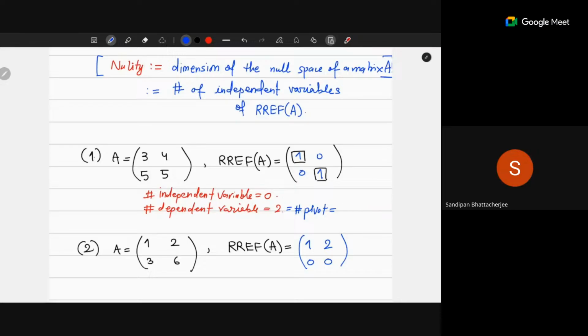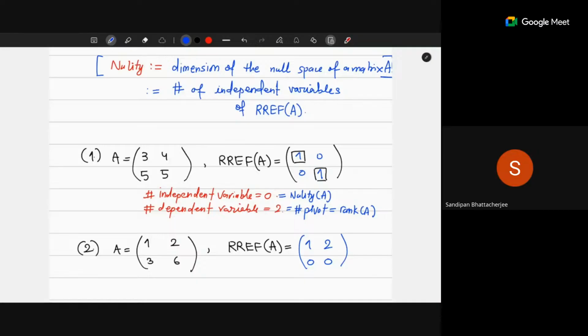And we have also seen that row rank and column rank are the same, which is nothing but the rank of the matrix A. All right. And the number of independent variables, which is 0, is by definition the nullity of A.